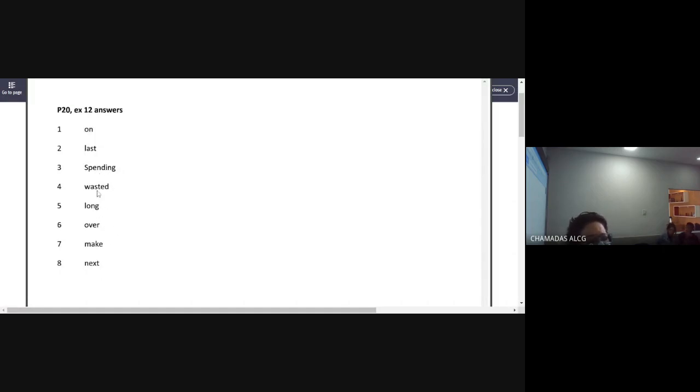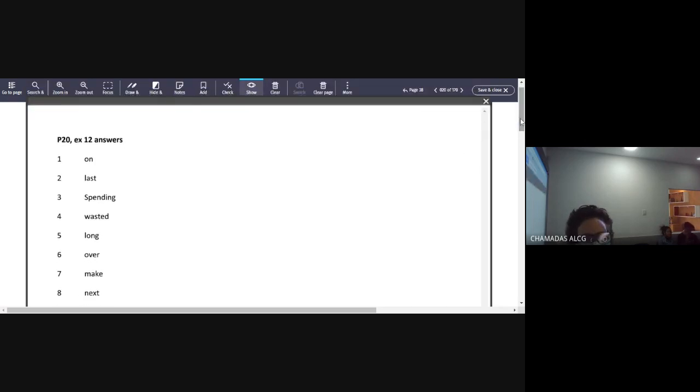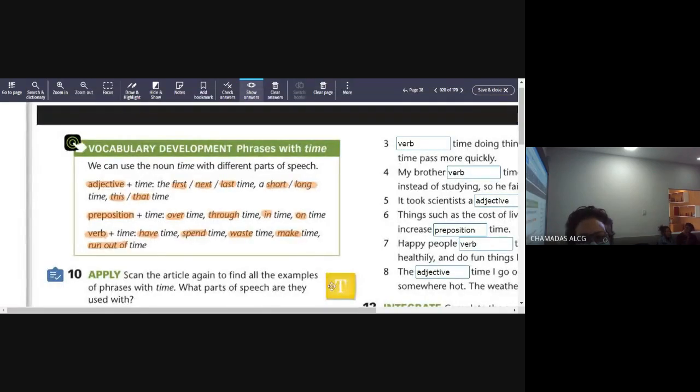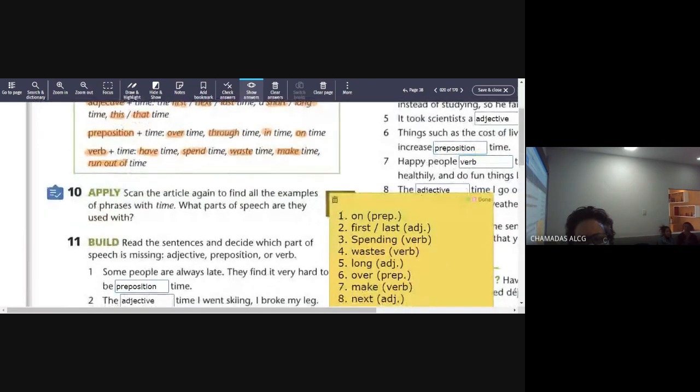Everything correct. Here in number 4, they used the verb waste in the past. It's okay, right? All right, people. No problem. So it exactly matches our choices.